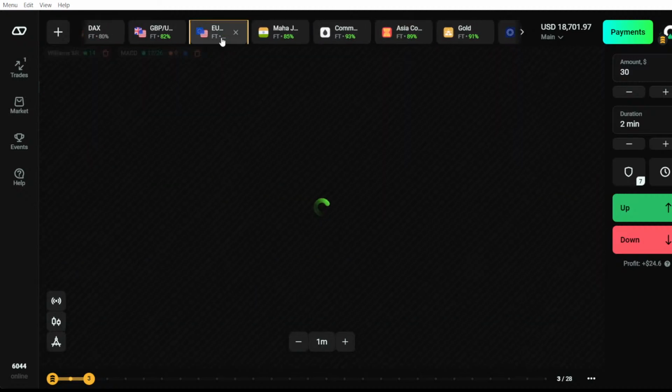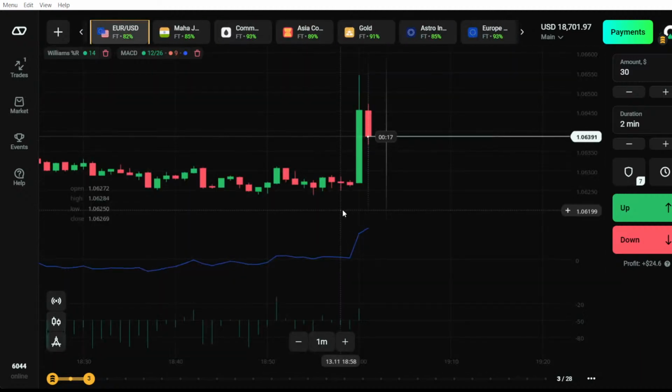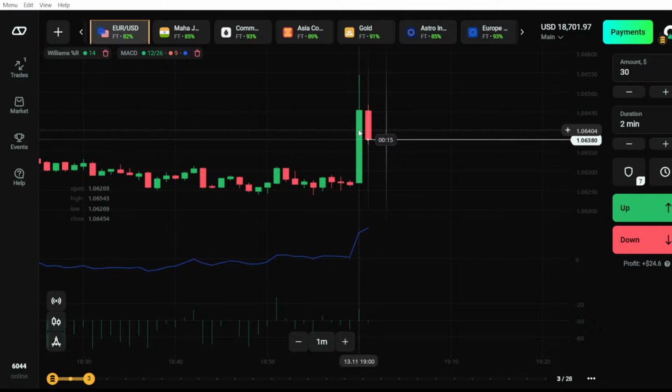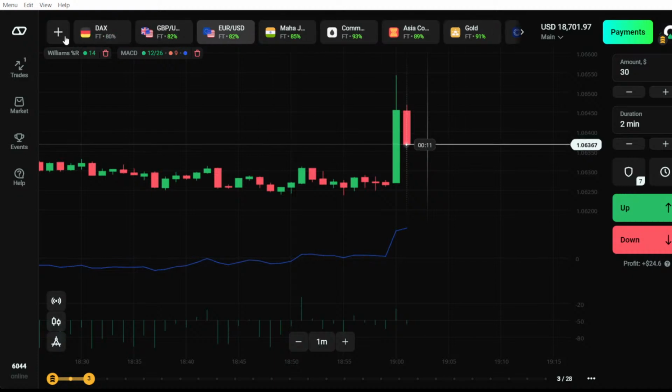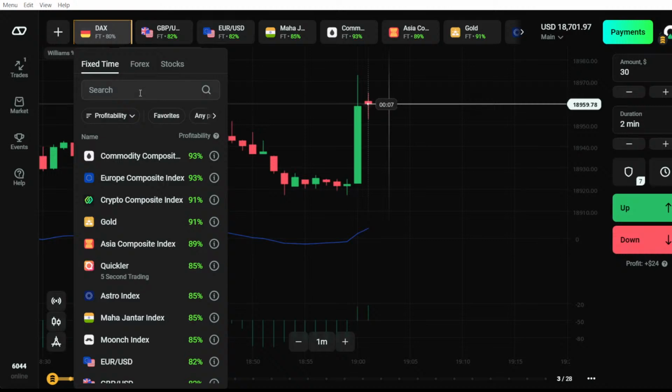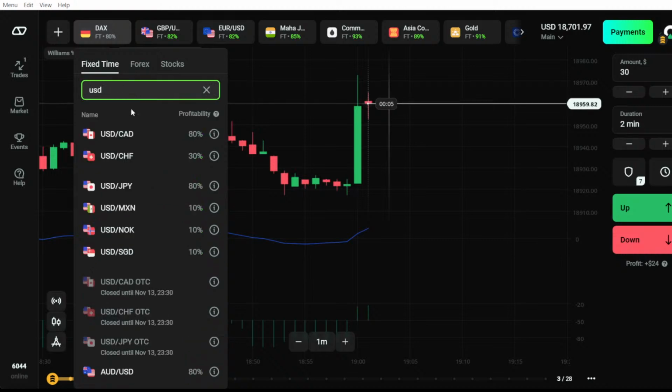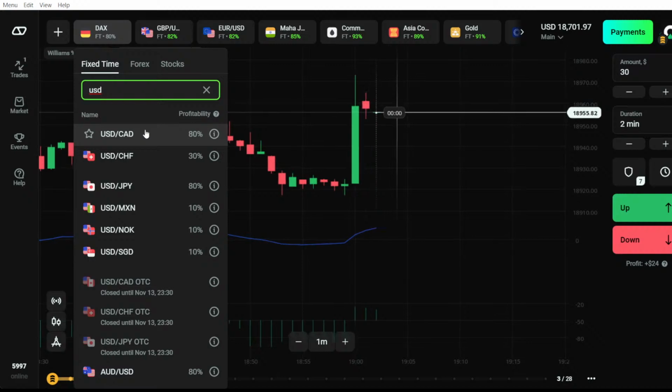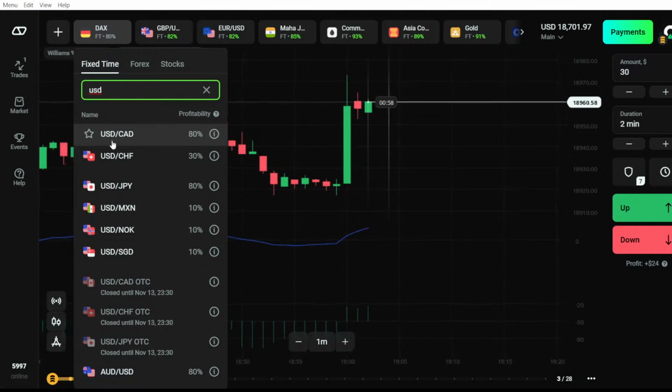Okay, so any US dollar currency pair. See guys, we might be able to see a big red candle in the assets where the US dollar is in front.